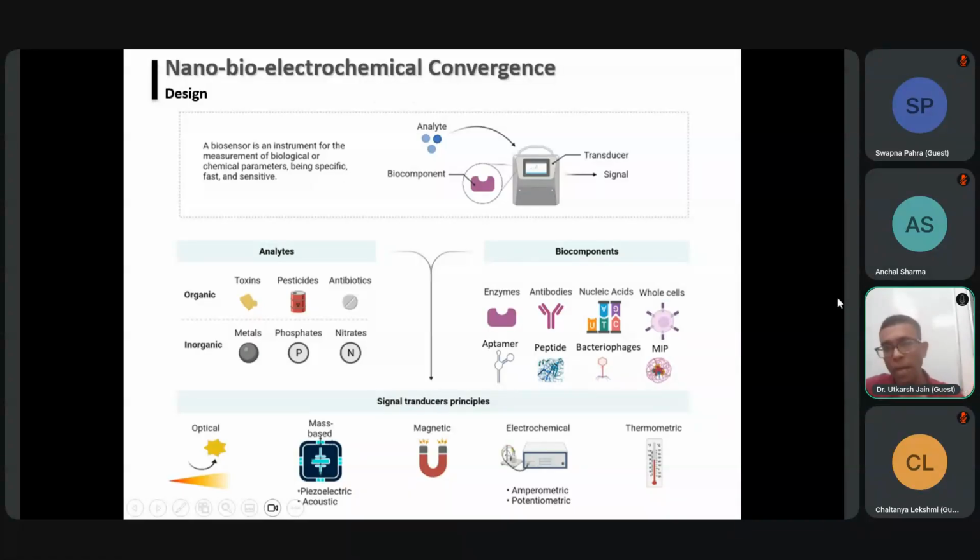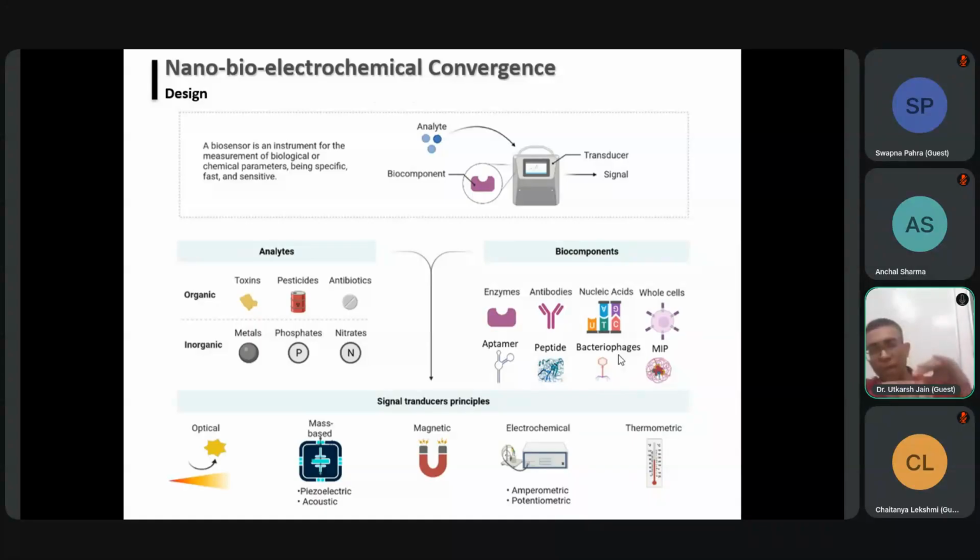Then there are certain bacteriophages. Because these are viral particles, they have a very strong tendency to select bacteria. You know that bacteria have specific bacteriophages, and these bacteriophages have certain proteins on their tail.